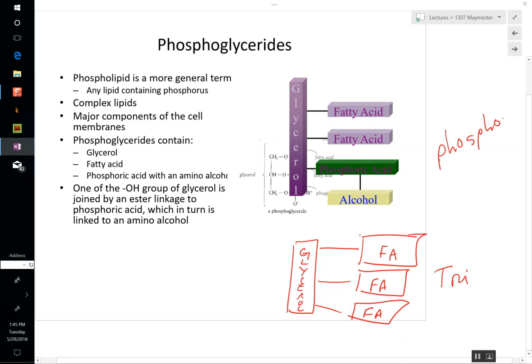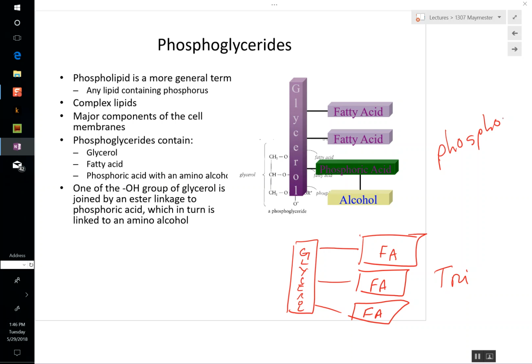Okay, now we're starting to venture into the realm of the cell membrane. Phosphoglycerides is the most abundant molecule that makes up your cell membranes. Now you've got about, well, I don't know what you've got, 3 to 10 trillion cells in your body. Every single cell has this protective layer or cell membrane around it.